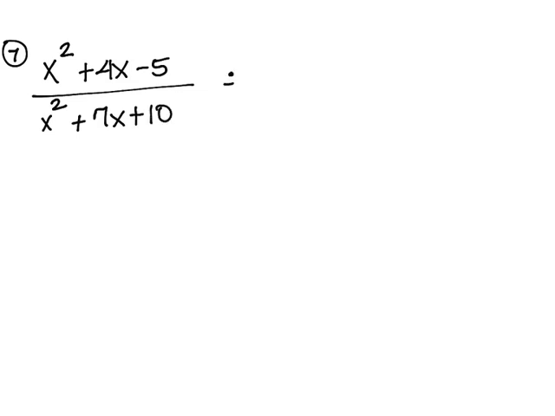X squared plus 4x minus 5 over x squared plus 7x plus 10 divided by x minus 1 over x plus 4.